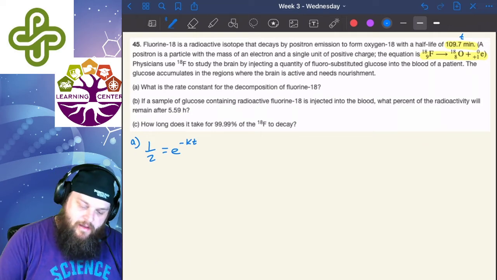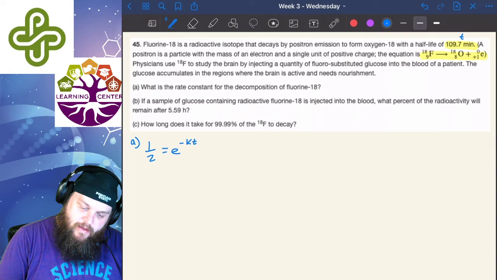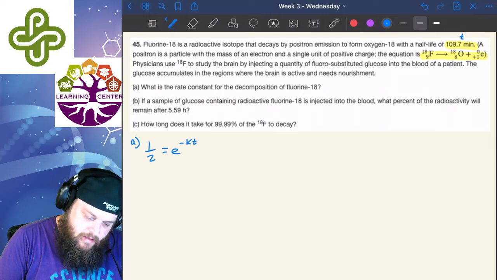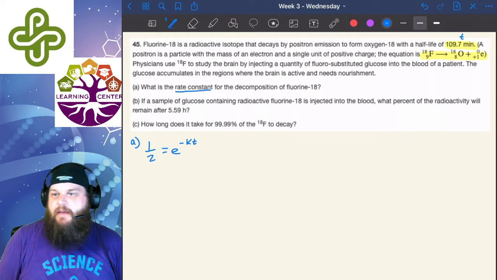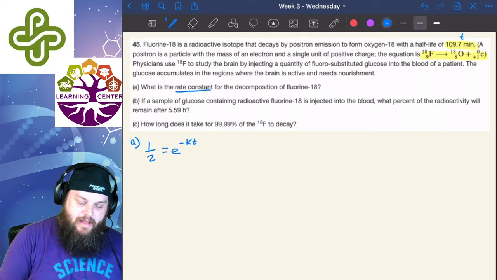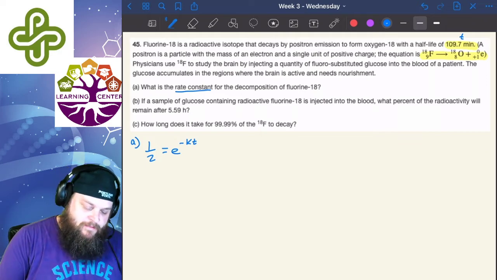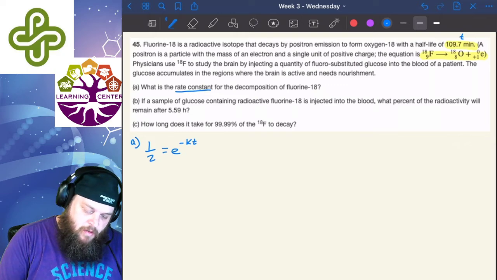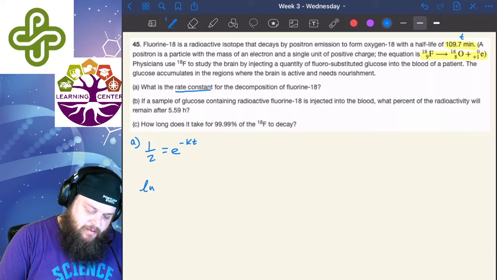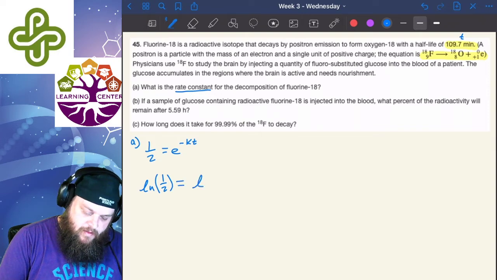We can then, we want to find the rate constant. So we want to solve this one for k, because we have t and e is just going to be a number. So we can rearrange this, taking the natural log of 1/2, which is equal to the natural log of e to the negative kt.